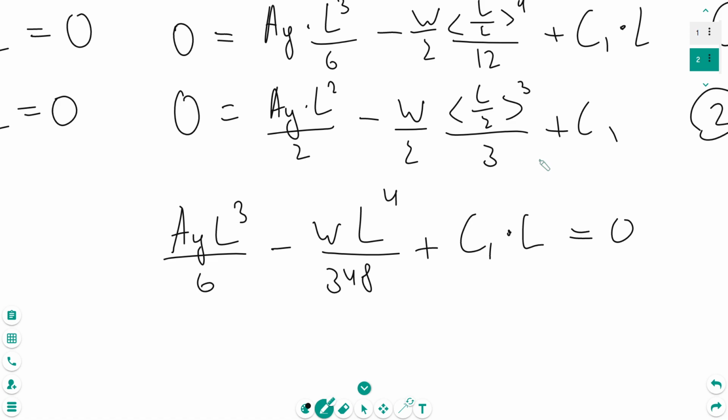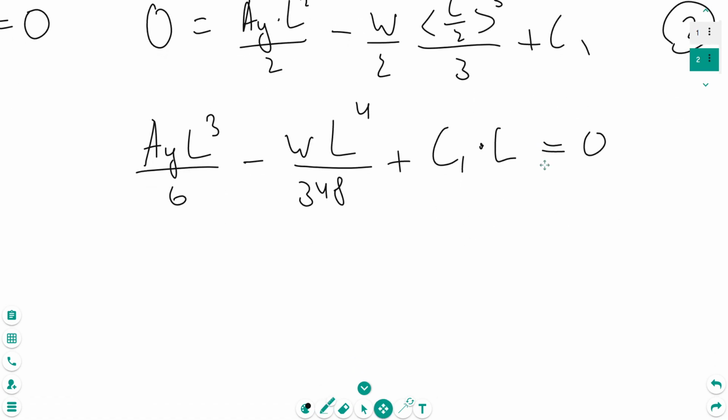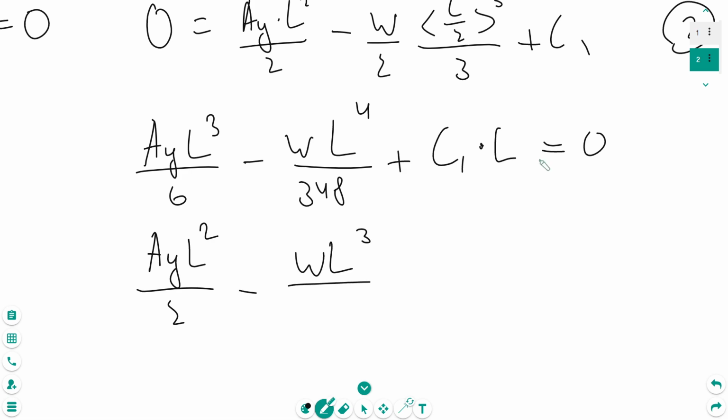Now, I also have equation 2, which can be written out as ay L squared divided by 2 minus w L cubed divided by 48 plus c1 is equal to 0. And my bad, this is actually 384.